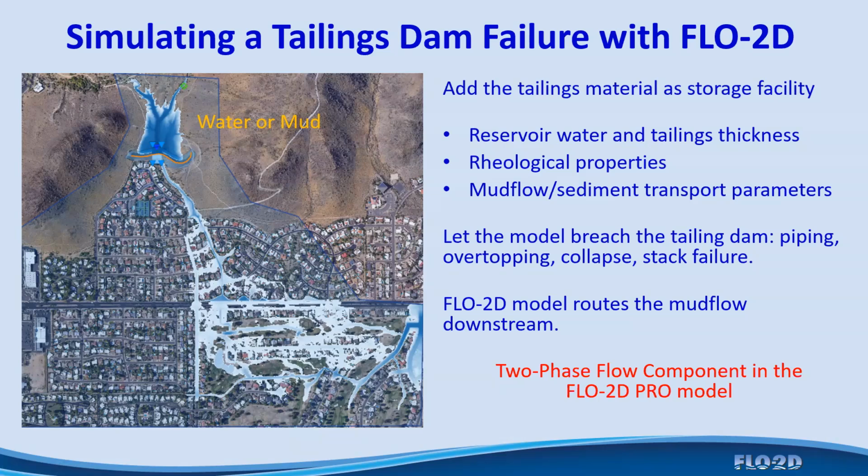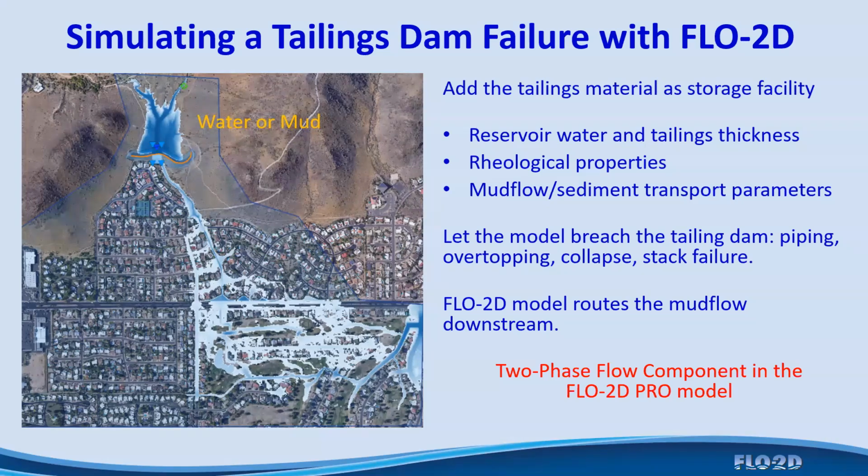It's important to mention that if you decide to go this way and use the two-phase flow component, this is a very nice component where the mud flow concentration by volume varies with time and space. That means in the grid elements, you can vary the mud flow concentration by time and space.